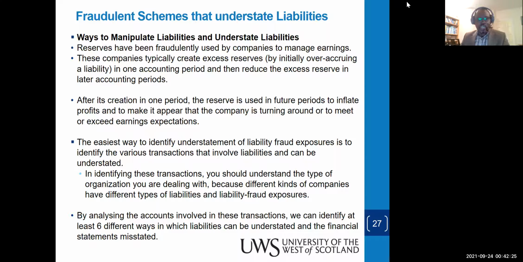The easiest way to identify the understatement of liability fraud exposures is to identify the various transactions that involve liabilities and can be understated. We'll be analyzing accounts that involve these, and typically there are at least six different ways in which liabilities can be understated. Besides the overaccruing of reserves, they could also understate liabilities.